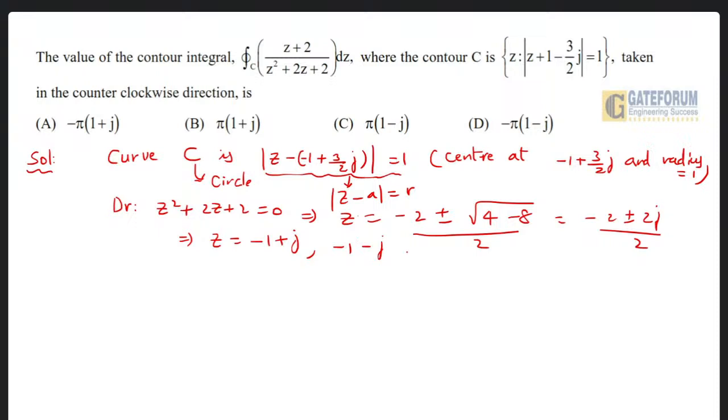These are the singular points of the integrand. So I am using Cauchy's integral formula; we can evaluate by Cauchy's residue theorem also. These singular points are also called poles of order 1.